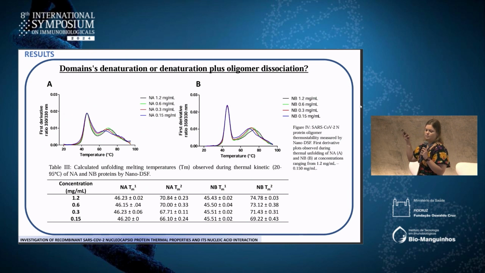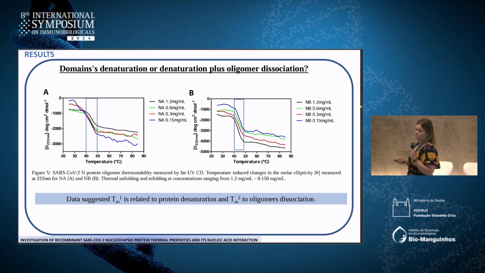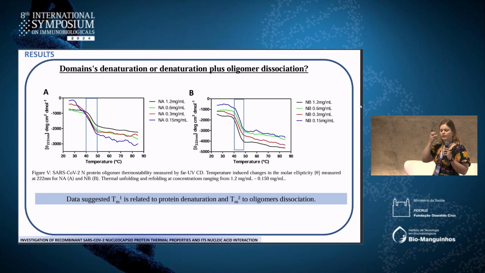However, when we see the temperature for melting 2, we can see a rise with the concentration of the protein, in NA and NB, in figure B. To investigate any effect of concentration, we ran a thermokinetic at different concentrations for secondary structure studies, and we verified there was only one transition for both proteins, NA and NB, independently of concentration. And this melting temperature goes to 40 to 50 degrees, reinforcing the results that we had previously.